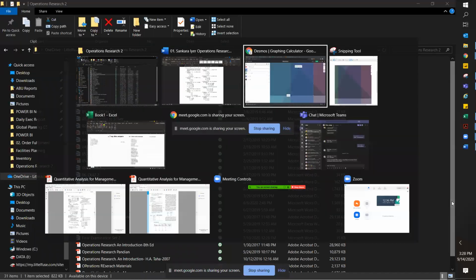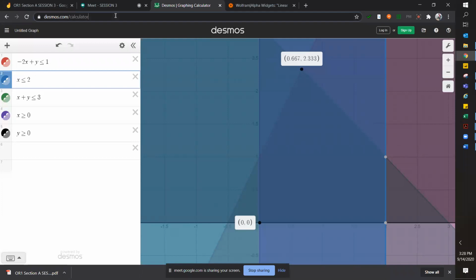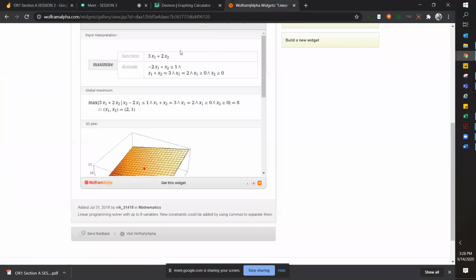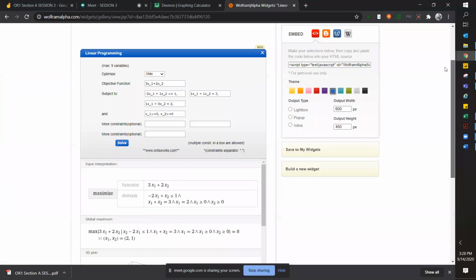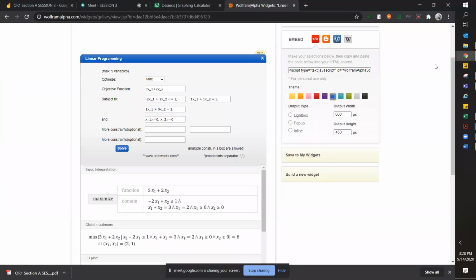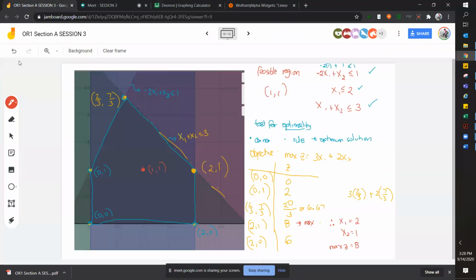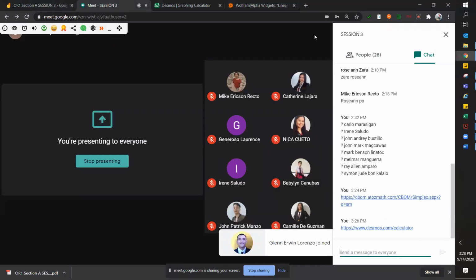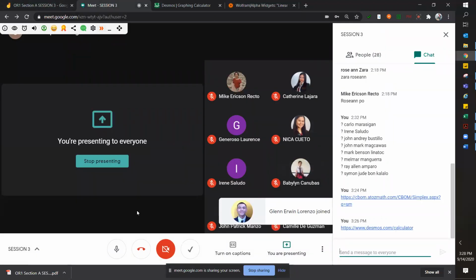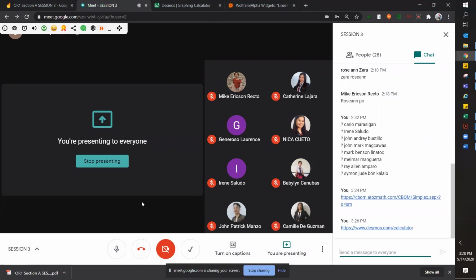And then itatry nyo gamit tong online calculator. You have to double check it gamit yung binigay kong link sa inyo, or you may search sa net, or you may search up, phone app. Ayan. And then for the next meeting, yun yung ating goal. Okay? Questions?